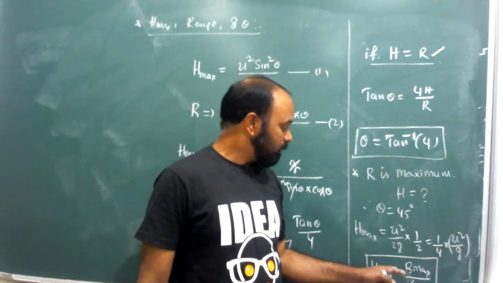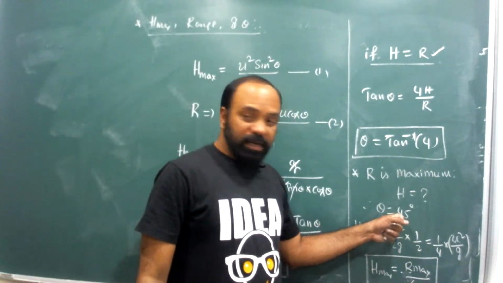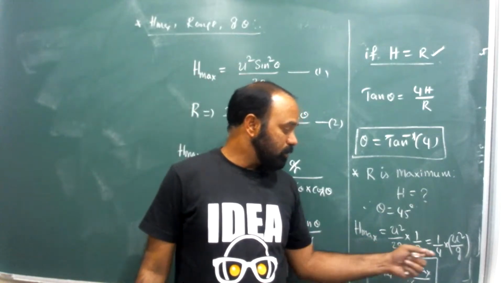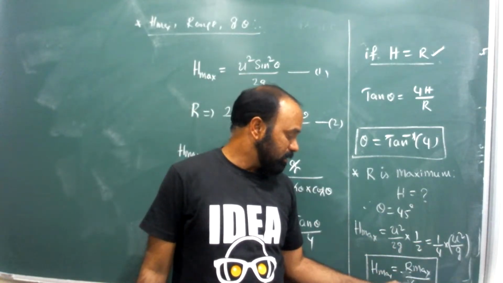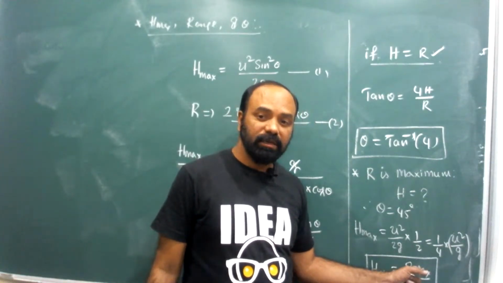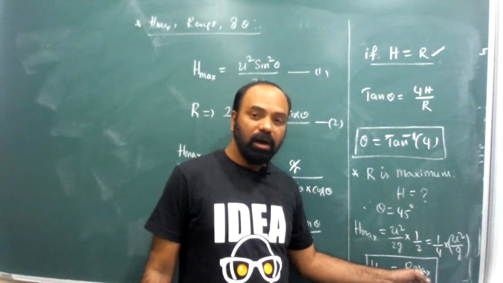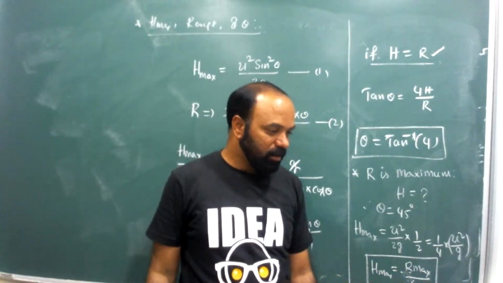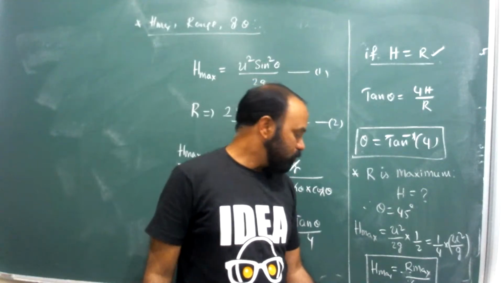Theta equals 45 means 1 by root 2 whole square becomes 1 by 2, so 1 by 4 into u square by g. So the relation between maximum height and maximum range is R maximum equals 4 times H maximum. I hope you understood.